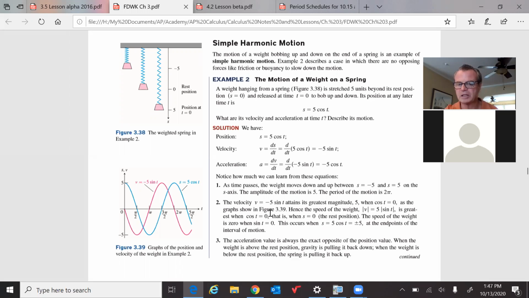Let me ask you some questions about the velocity and the acceleration, okay? So we're going to leave this up here, and you're going to go to problem number 11.